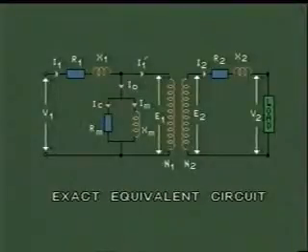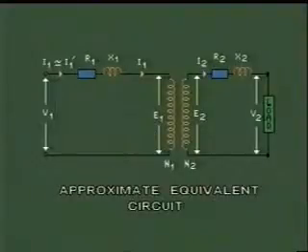Now let us see the approximate equivalent circuit where we will neglect the no load component of the primary current. Here we have shown you the approximate equivalent circuit of the transformer where we have removed the parallel branch, that is the branch through which I0 no load current was flowing. This we have done to simplify the equivalent circuit.